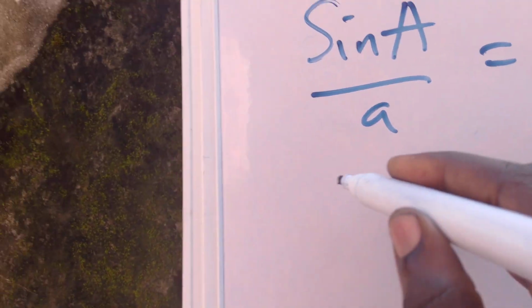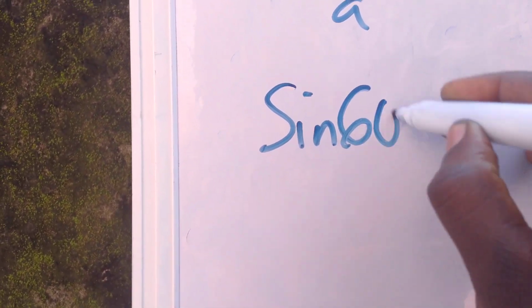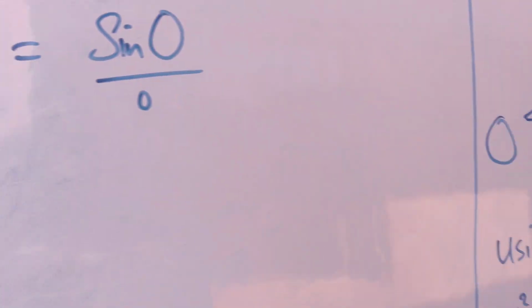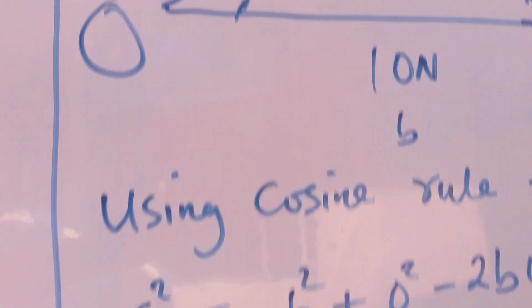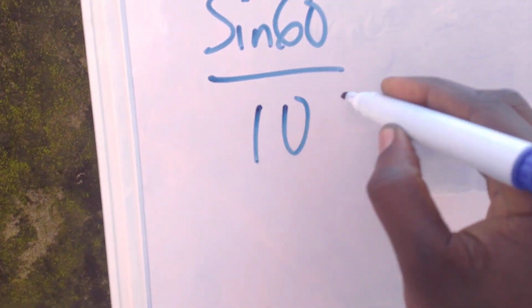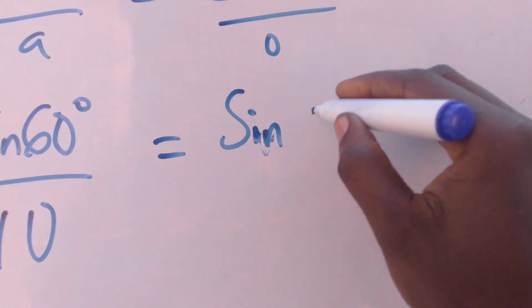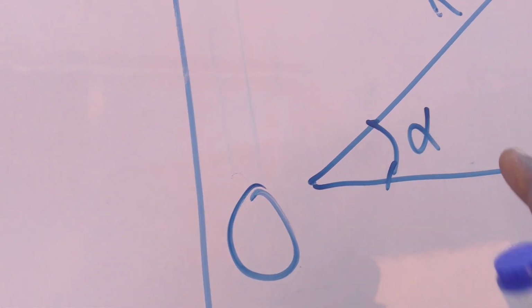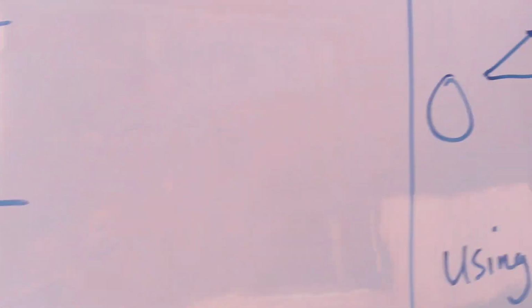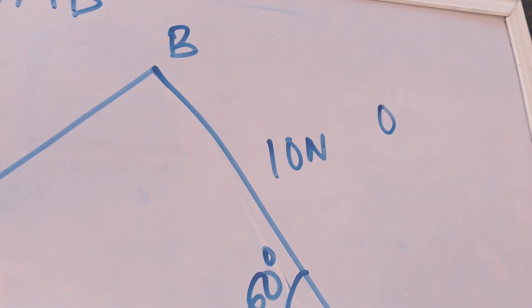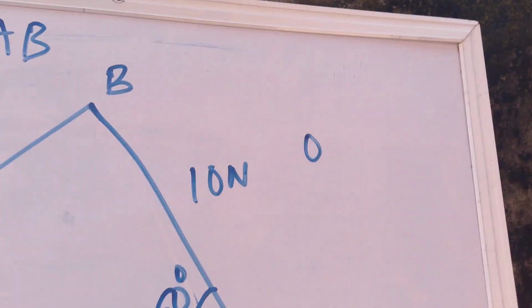So this now will be sine 60 degrees over small a. Small a is my resultant, and we had the resultant as 10. That is over 10 equals sine of the angle at O, which is alpha, over small o, which is also 10 Newton.